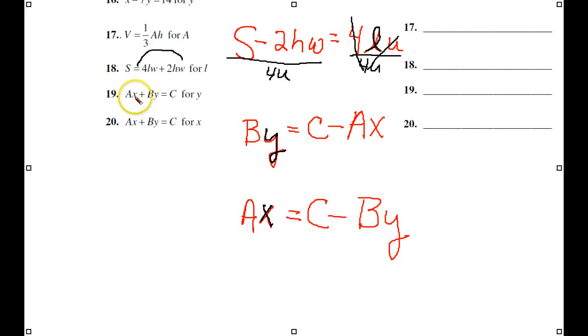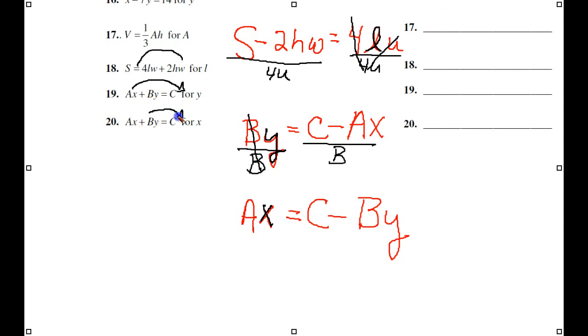For here we want to solve for y, so I'm going to transpose that as a negative ax on this side. And now we're going to divide by b. So y equals that. And now we want to do the same, but we want to solve for x this time.